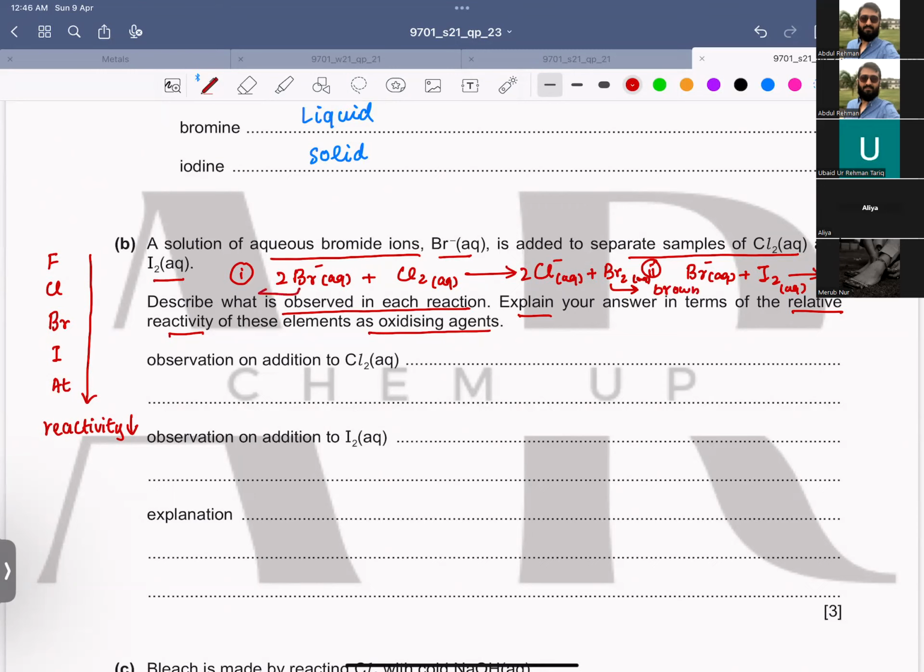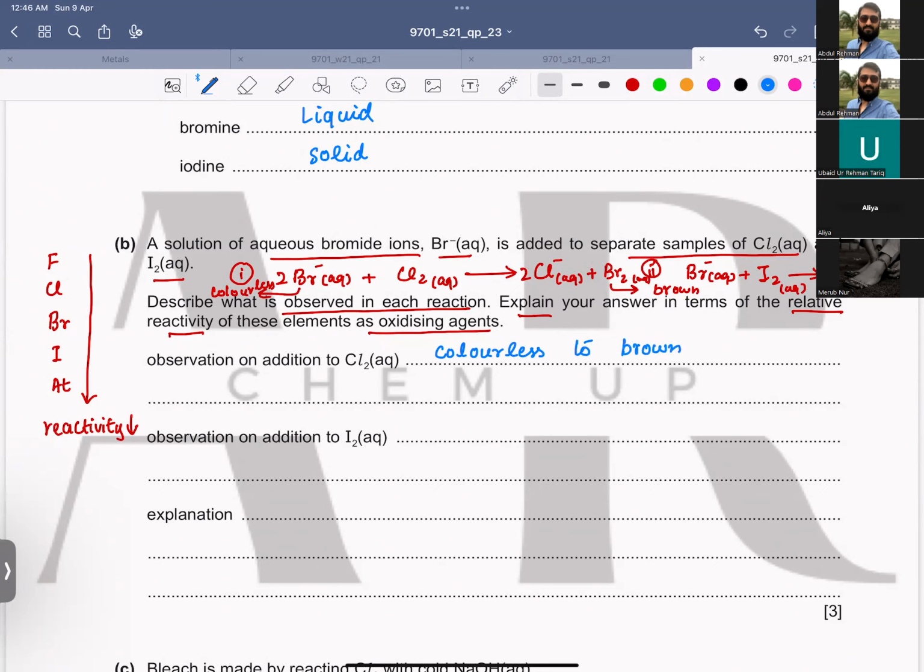But here, when it's a bromide ion, the solution is colorless. So here I would write the observation that it goes from colorless to brown.